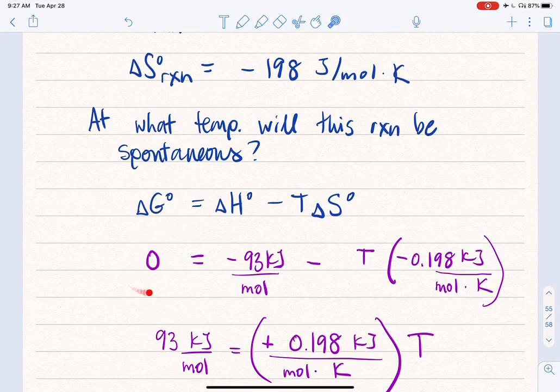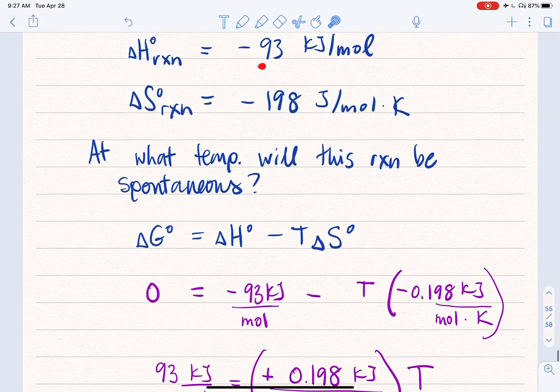So 0 is the border between positive and negative. So in order to tell what temperature this reaction will be spontaneous at, I'm going to plug 0 in for delta G. And then I can plug in the values for delta H and delta S as follows. So I have negative 93 kilojoules per mole minus T times delta S.